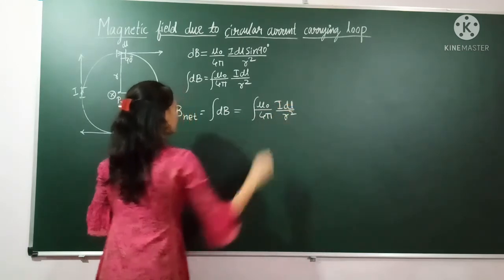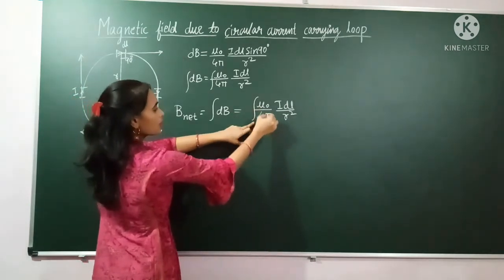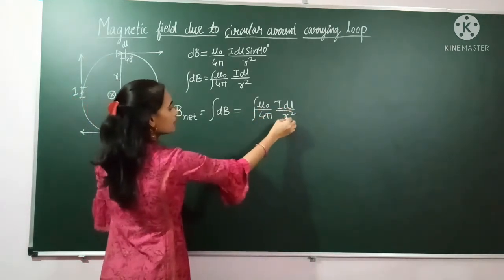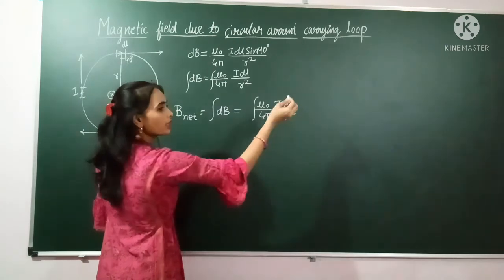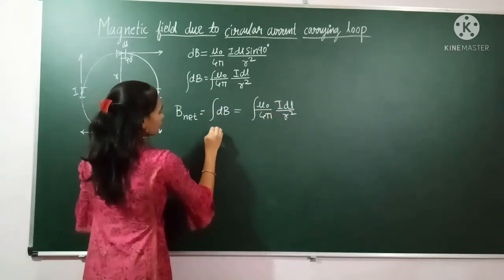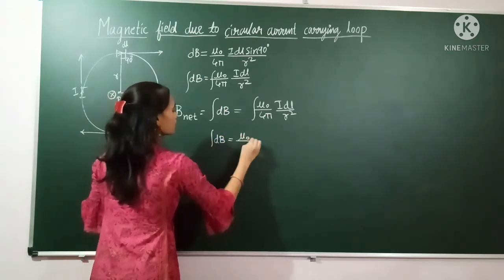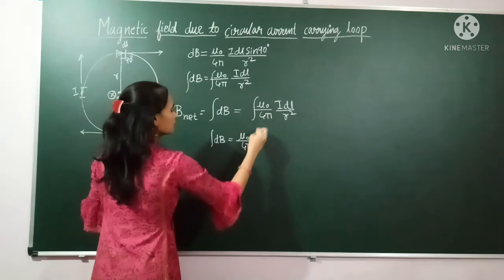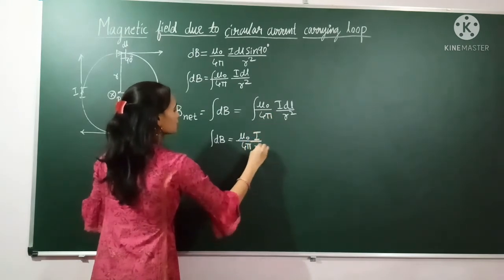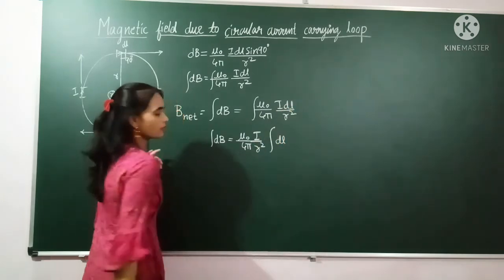Mu naught by 4 pi, I and r, all these values are constant, so we cannot integrate them, so we will write them outside. So integration of dB is equal to mu naught divided by 4 pi, I divided by r square, integration of dl, because only dl is the variable.